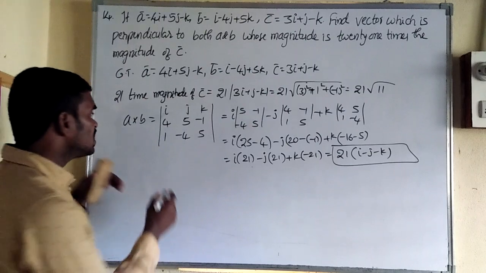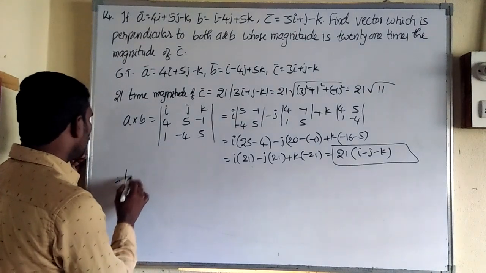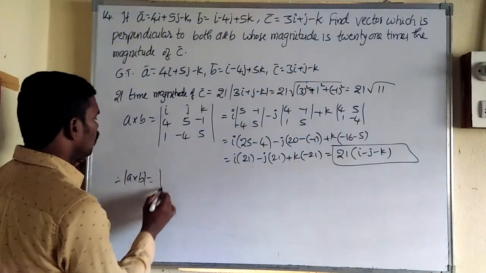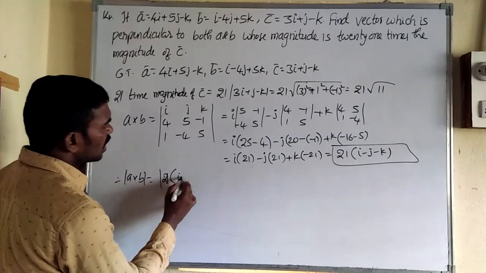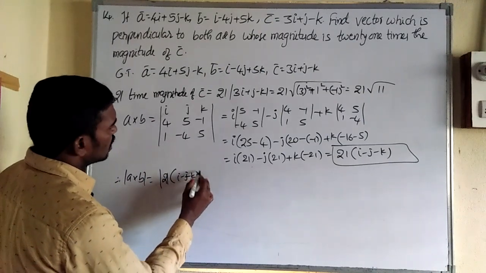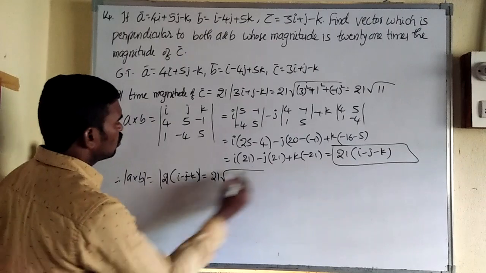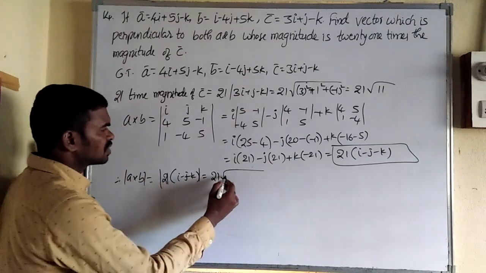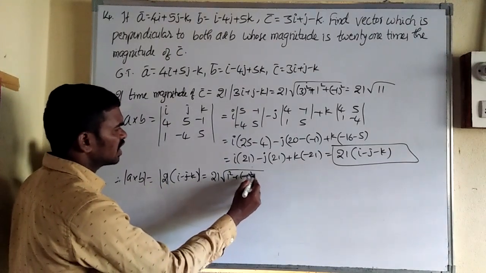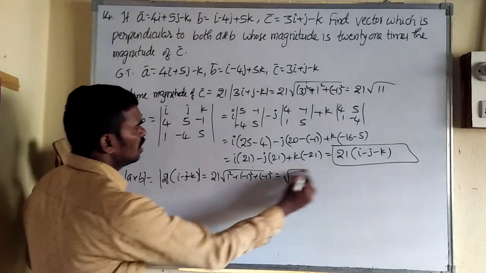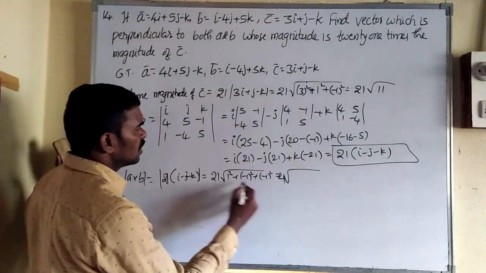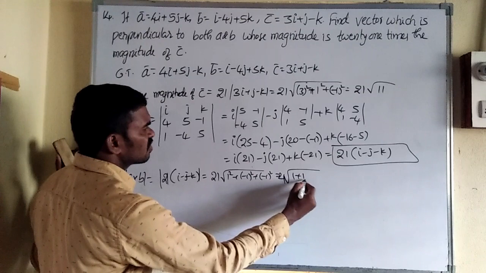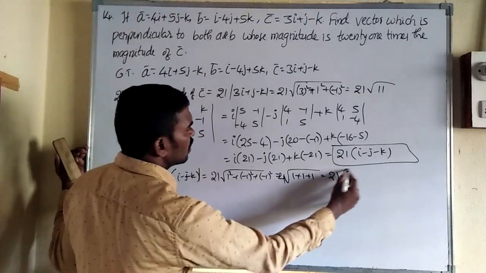Mod A cross B is also needed. Mod A cross B means modulus of 21 into i minus j minus k, which equals 21 into root, because 21 is a scalar, of i coefficient 1 square, j coefficient minus 1 square, k coefficient minus 1 square, which is 21 into root of 1 plus 1 plus 1, equals 21 root 3.